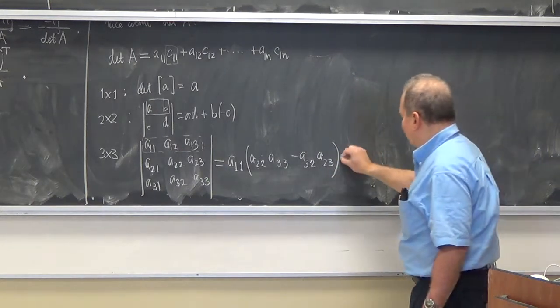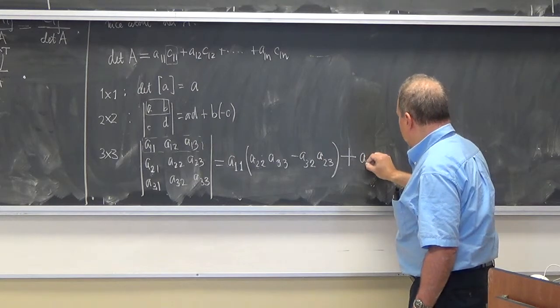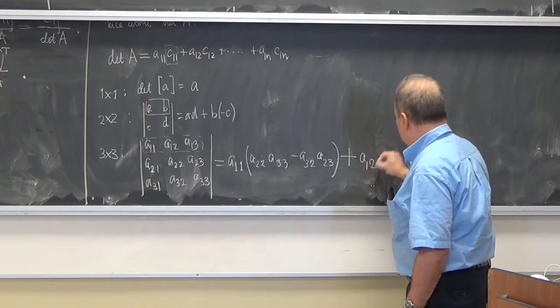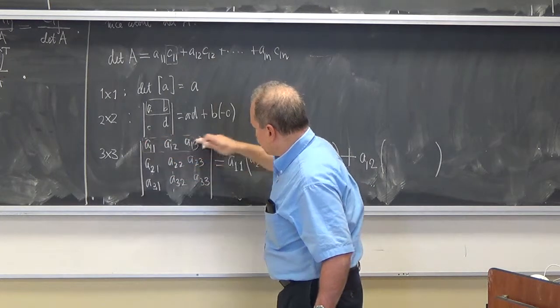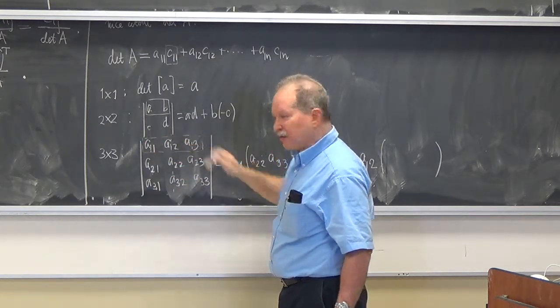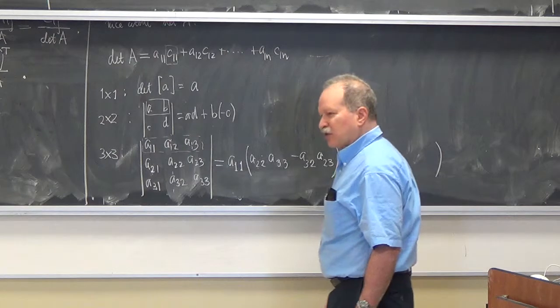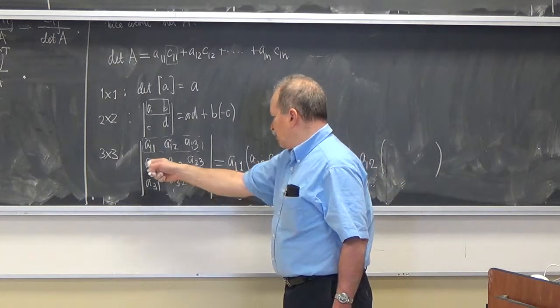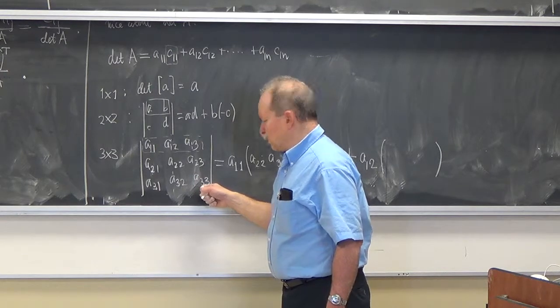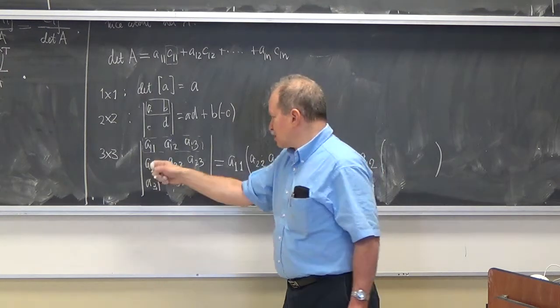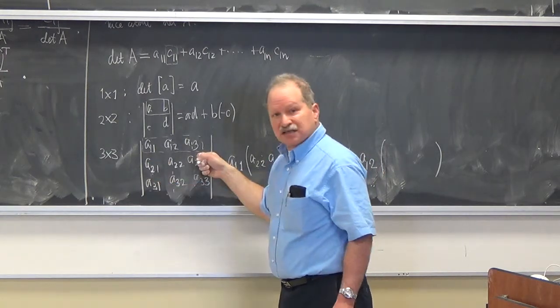And then A12 times the determinant you get with a minus sign, of course, when I cross off the middle column and the top row. So what do I have when I do that? With the minus sign, I'm going to have A21 A33 minus A31 A23, but we need minus that, right? So it's minus this plus this.